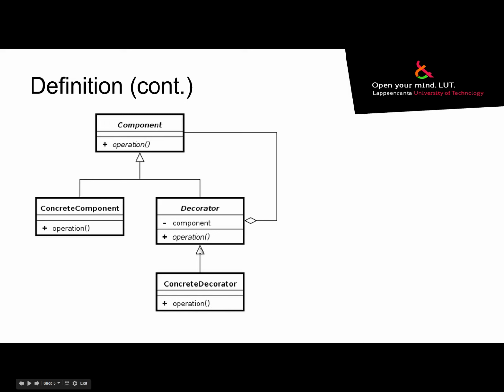But you can either add more variables or more operations without changing the workings of this concrete component. So yes, extending the functionalities and responsibilities of the component without changing it.